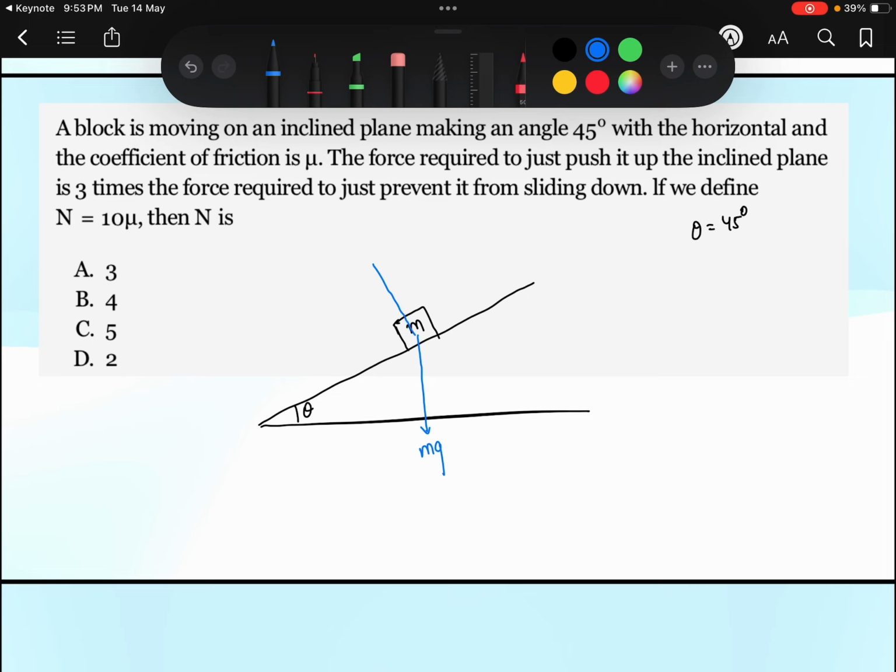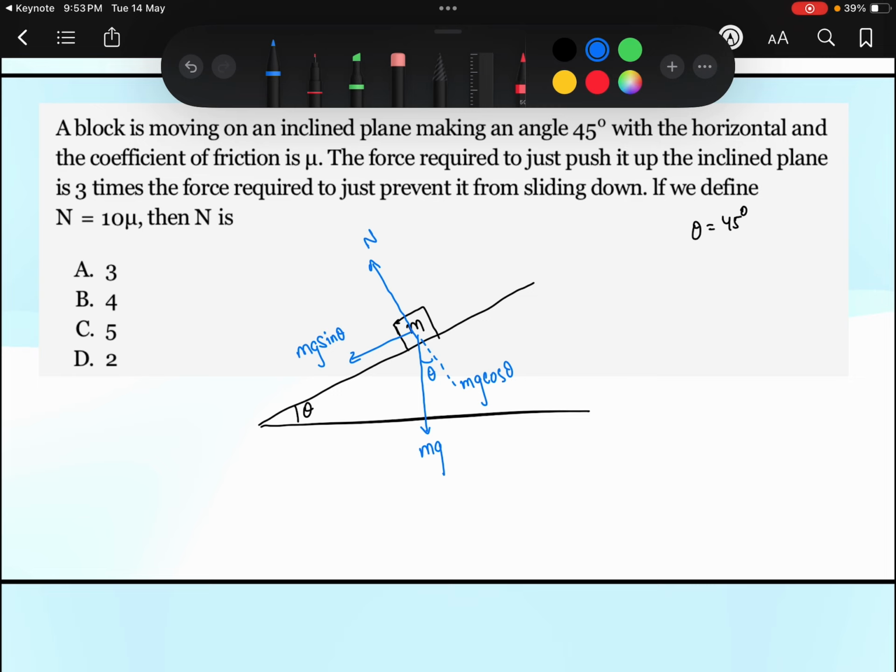One will be the normal force, and the component of this mg along this normal will be, this angle will also be equal to theta, so this will be mg cos theta, and the component of this mg along the inclined plane is mg sin theta.